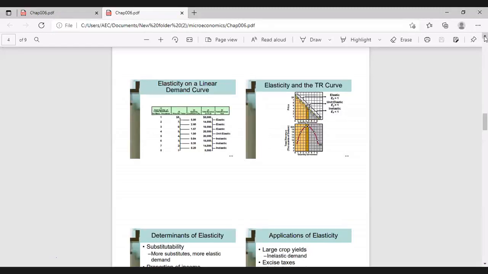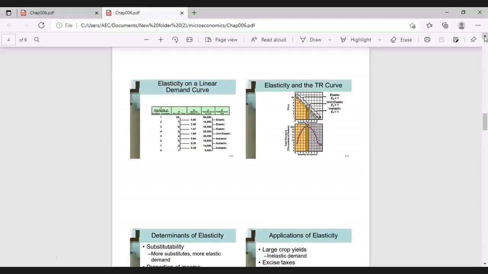In the lower portion, the slope delta Q over delta P is the same as in the upper portion, but price is low and Q is high. So delta Q over delta P times P over Q, where P over Q is a lower value, gives a low elasticity value.